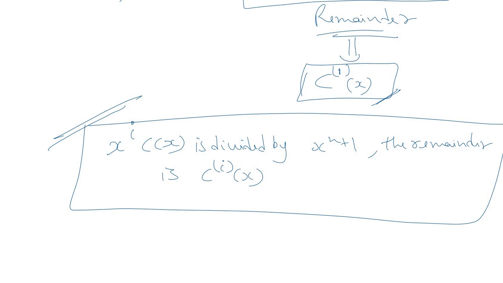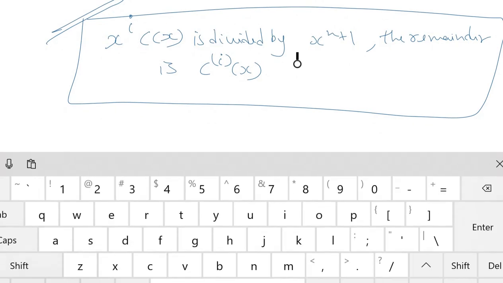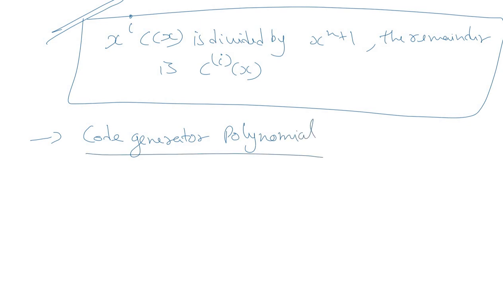Now we can introduce the important concept of the code generator polynomial. Just like previously we used to find the generator matrix, in case of cyclic codes we are going to find the code generator polynomial, which will help us to encode and decode the code word, right?